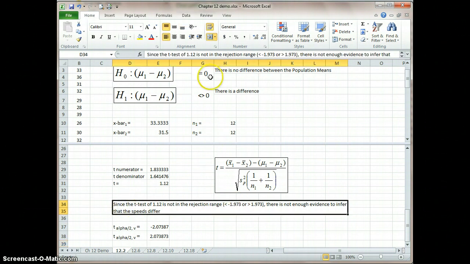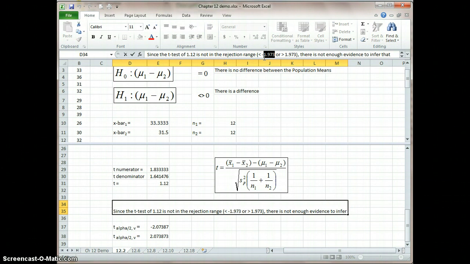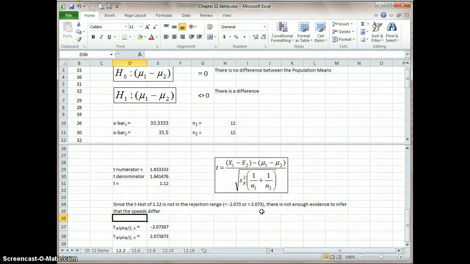So back up here it should really be less than minus 2.073 or greater than 2.073, and you can see that the 1.12 is not in that rejection range, so there's not enough evidence to infer that the speeds differ. Alright, I hope that was helpful.